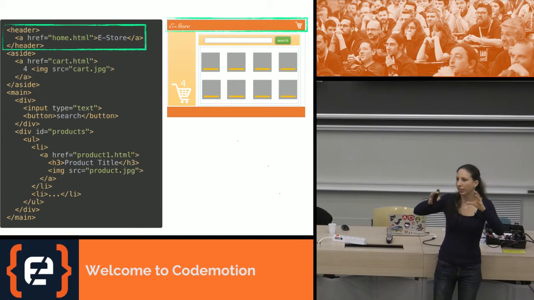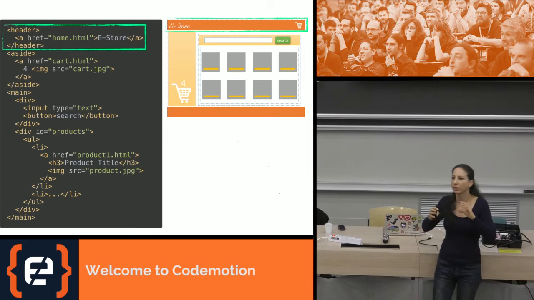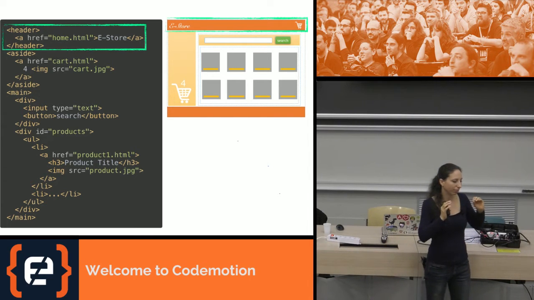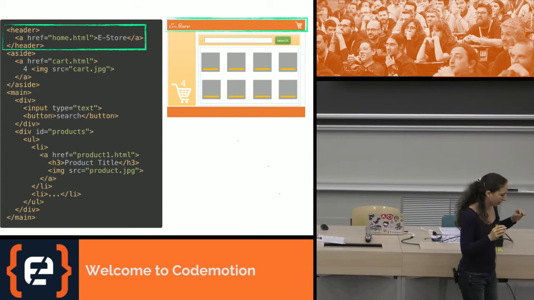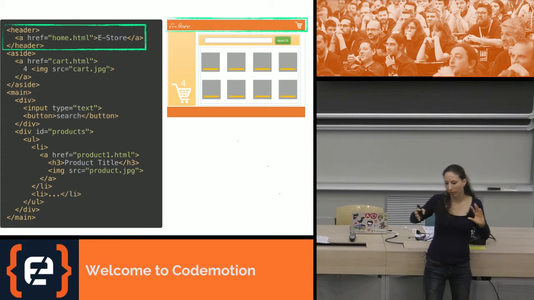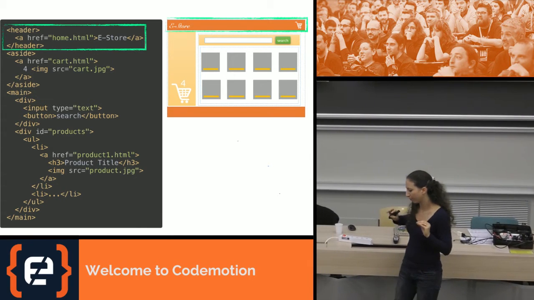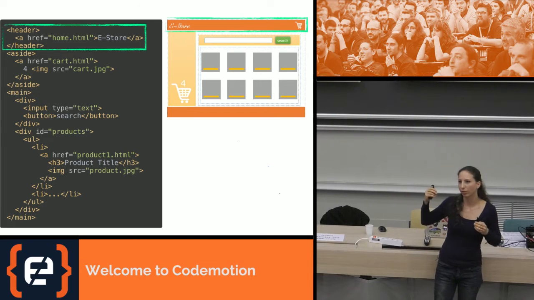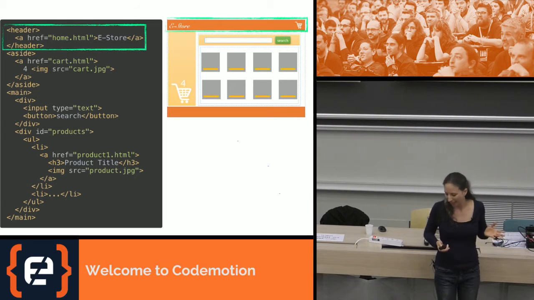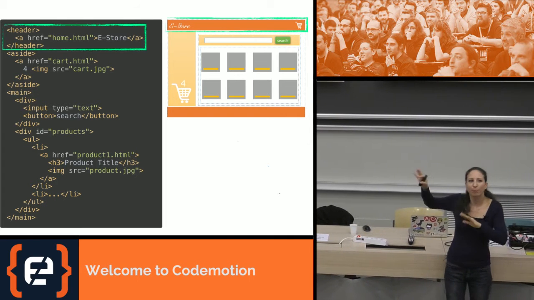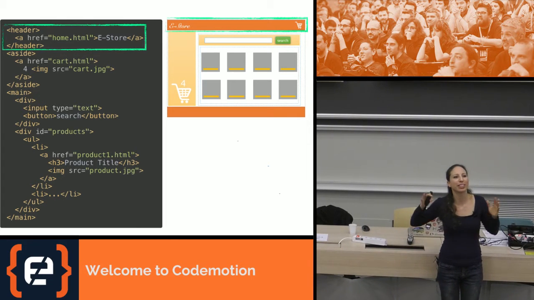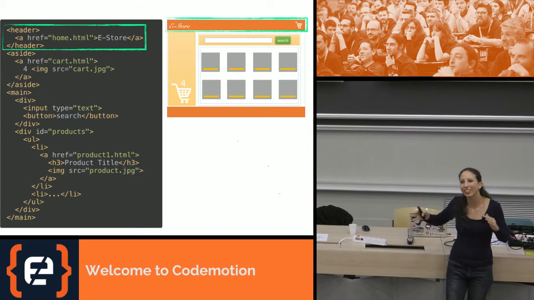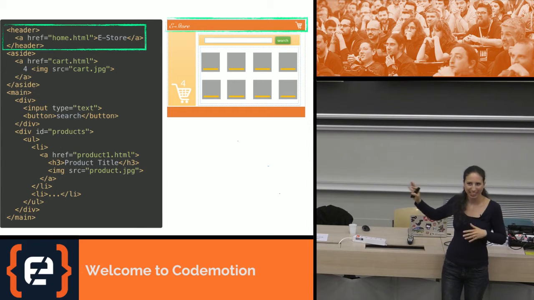So we want to encapsulate these parts, these components, and make them have their own abilities, their own functionality, and be as independent of other components as we can. So this is the basic HTML, how this application would have looked. It's really like pseudo HTML.